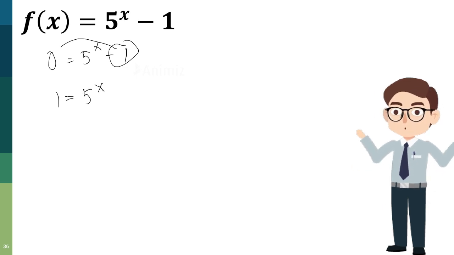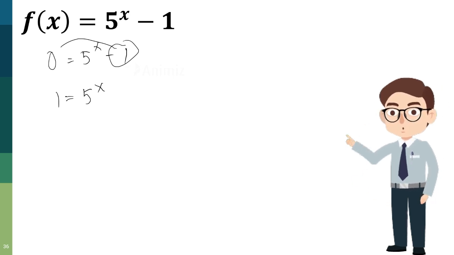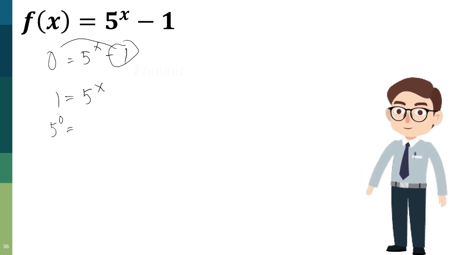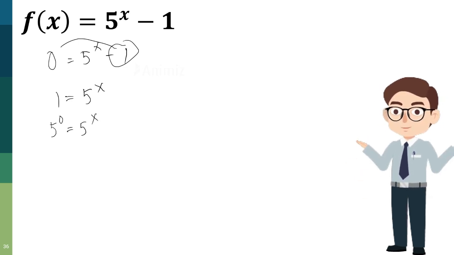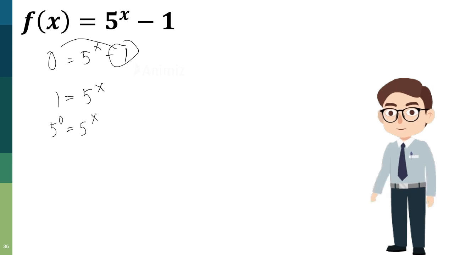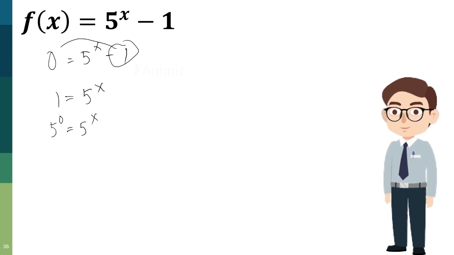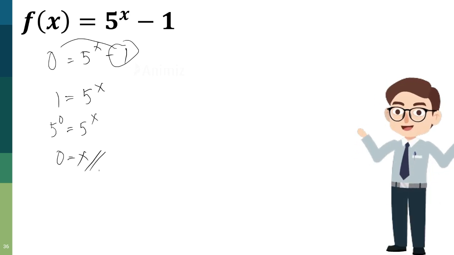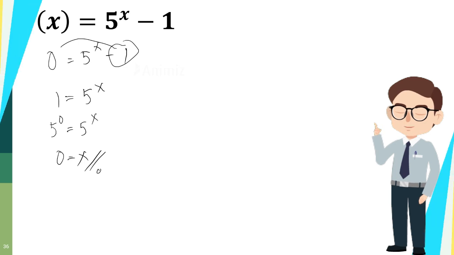We will make both bases equal, and 1 is equal to 5 raised to 0, which is equal to 5 raised to x. Since they have the same bases, we will focus on the exponent, and that is 0 is equal to x.